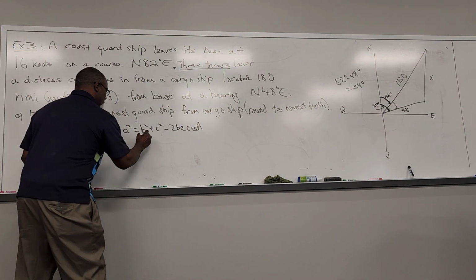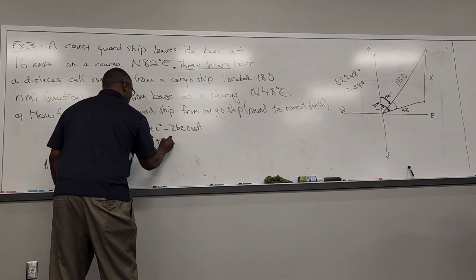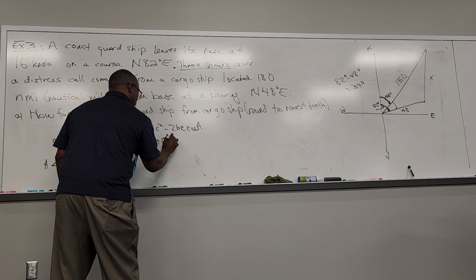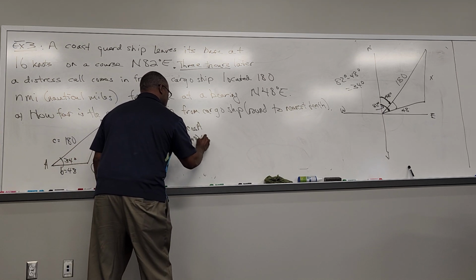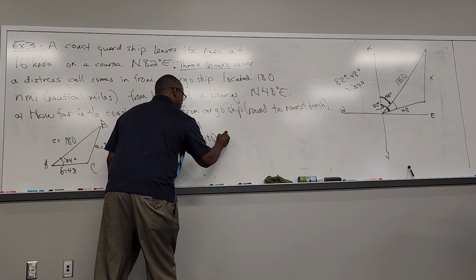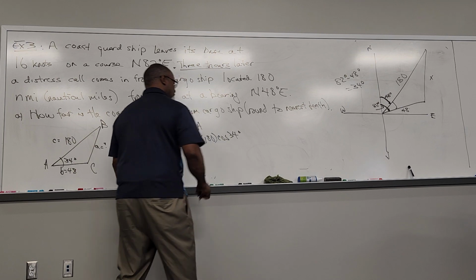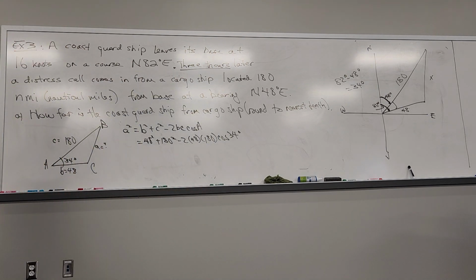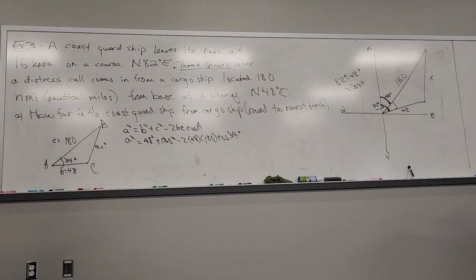B squared would be 48 squared plus C squared, that would be 180 squared, minus 2 times 48 times 180 times cosine of 34 degrees. That's A squared.